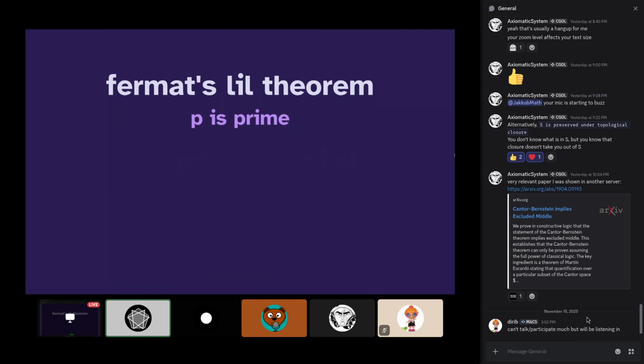So when p is prime, this is just in the integers. If p is prime, then a to the p is congruent to a mod p for any a. And taking this out of modular arithmetic, what we're really saying is a to the p equals a plus some multiple of p.